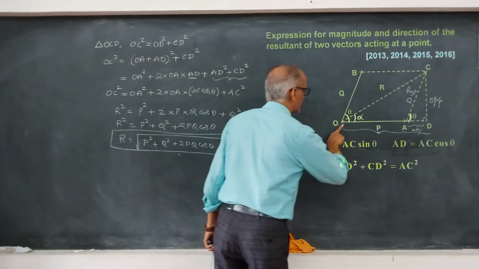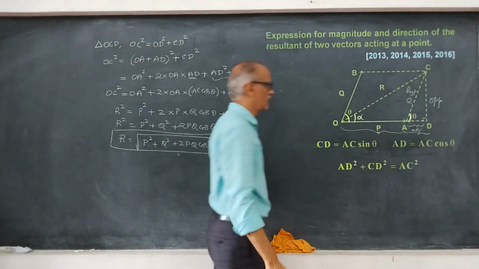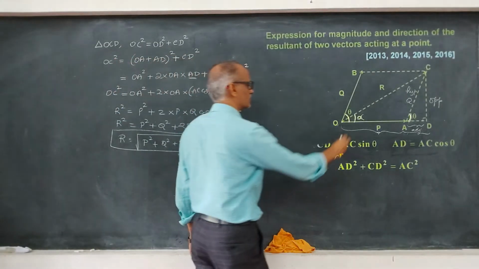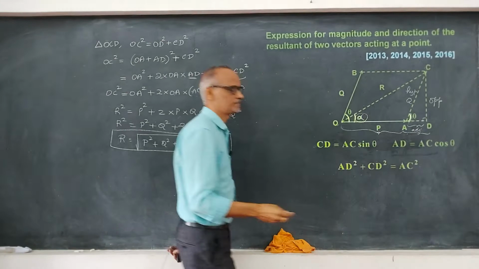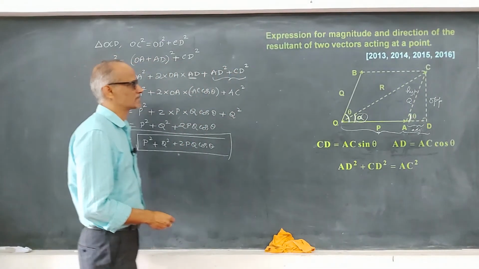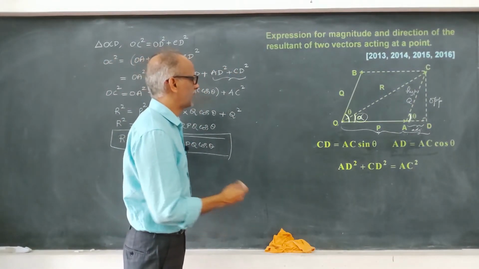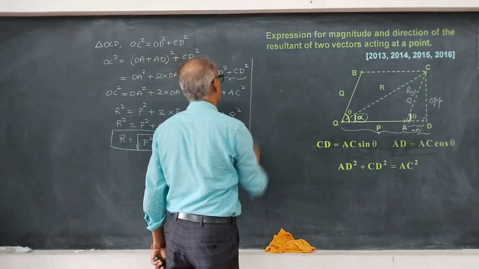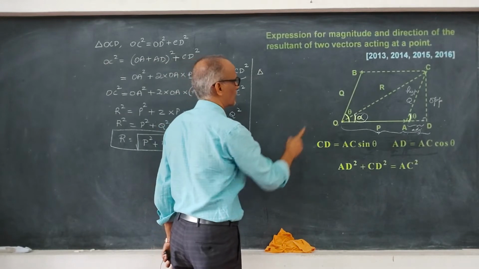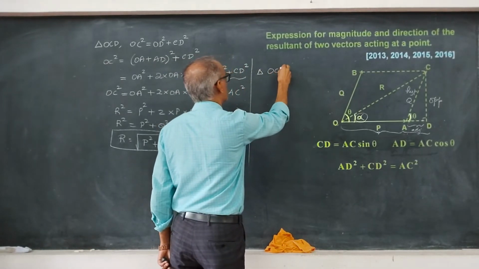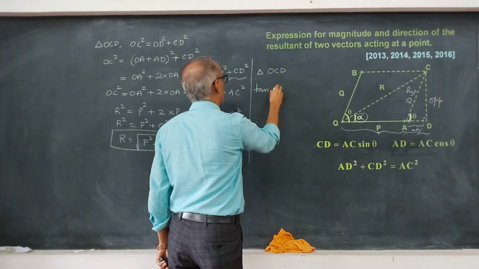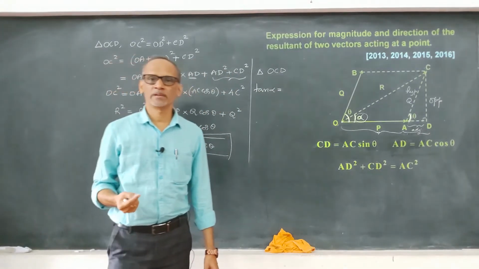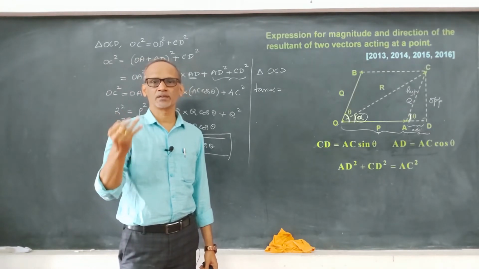Right. Now we have found the magnitude. So now we know the magnitude is here. What is the direction of it? Where do we get the resultant? To find the direction, we measure this angle alpha. So for that, I am going to consider tan alpha from the triangle OCD. From the triangle OCD only, I will define tan alpha. You can see in this derivation, we have used all the three functions, sine, cos as well as tan.